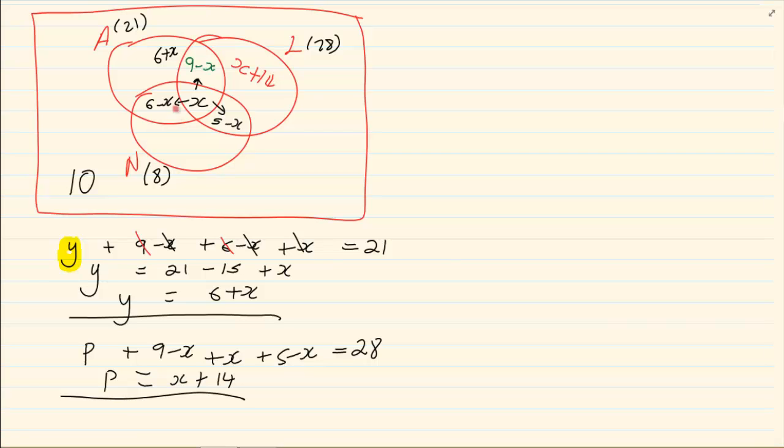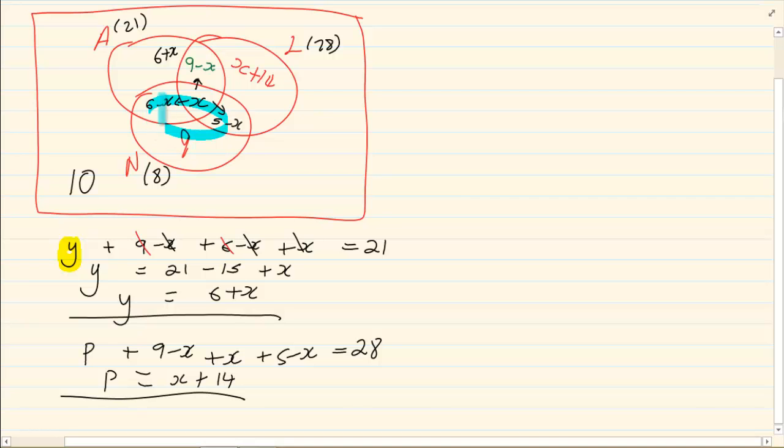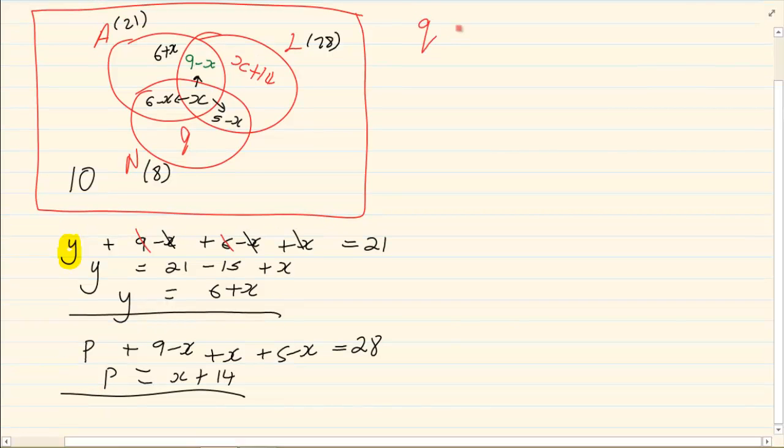Okay, if we make this q and then we take everything in this circle, we know that when we add it, it must equal 8. So we would have that q plus 6 minus x plus 5 minus x is equal to 8. If you make q the subject of the formula, you're going to have q is equal to x minus 3.